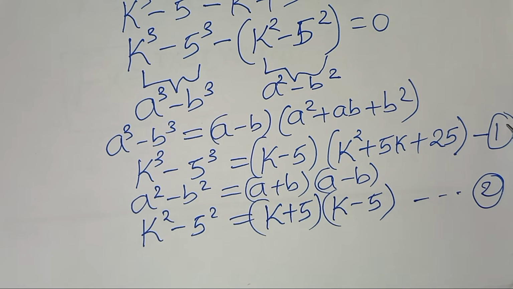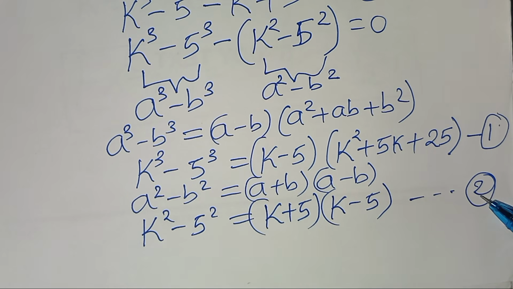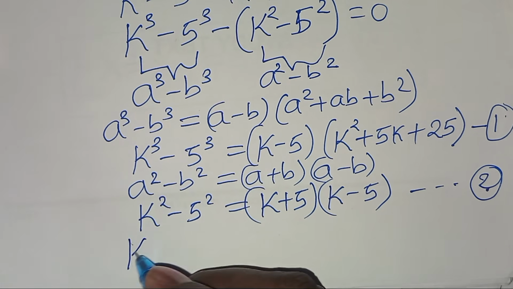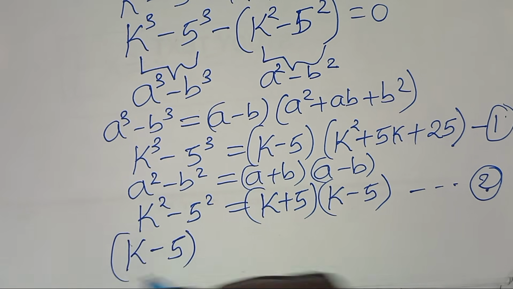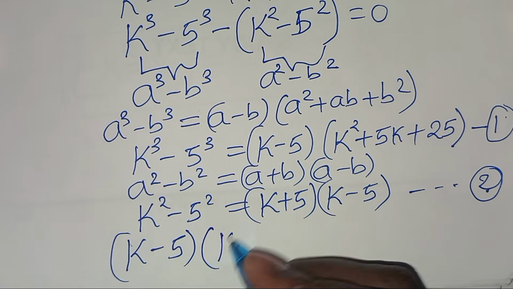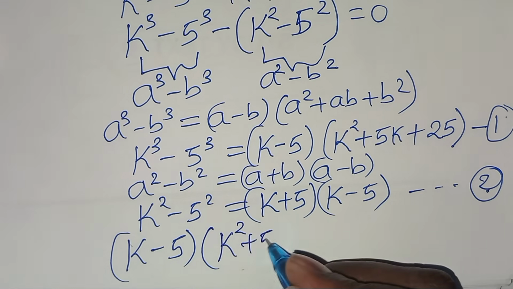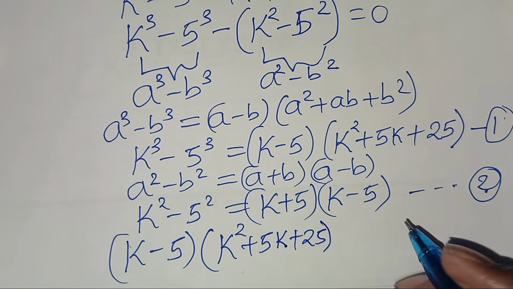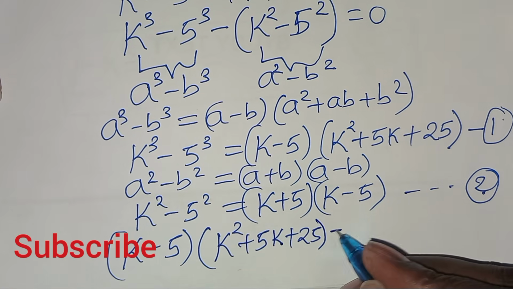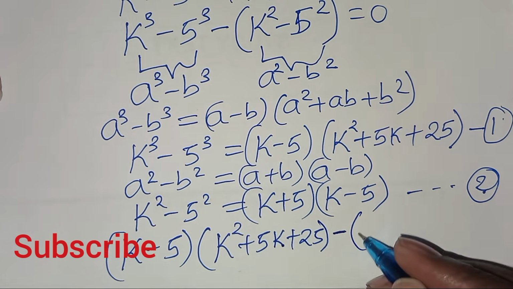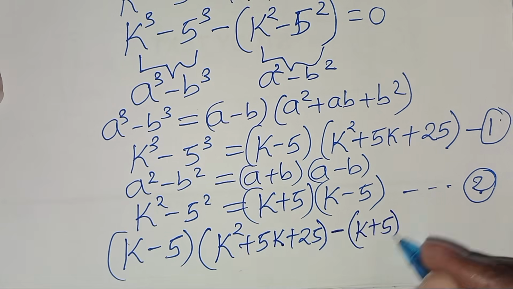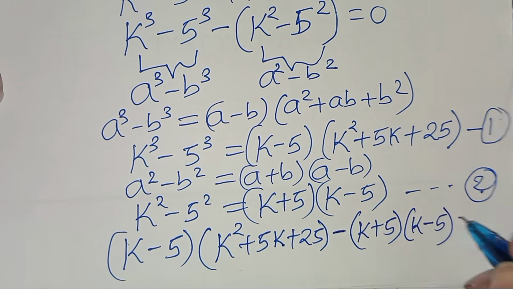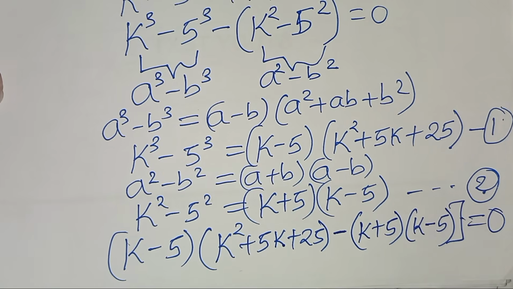So let's combine equation 1 and 2. We'll have k subtract 5, k squared plus 5k plus 25, subtract k plus 5 and k minus 5, and this is equal to 0.